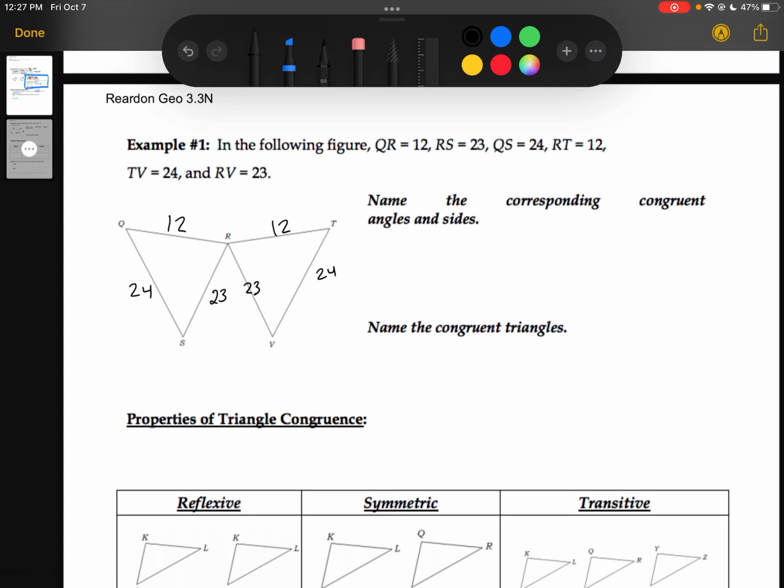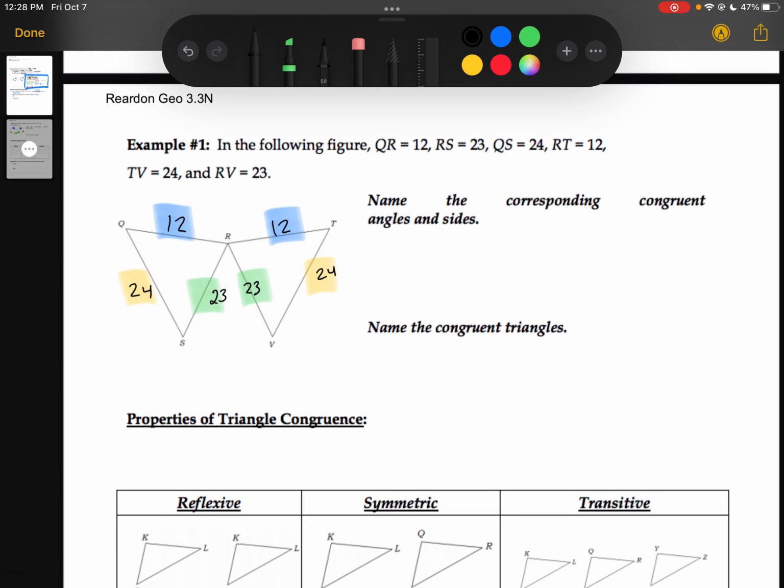Based off of this, what we can see is we have one matching side, two matching sides, three matching sides. So all of our sides of these triangles are the same, so we have some congruent, matching triangles. By looking at this, we have to name these congruent triangles and name the corresponding and matching sides.